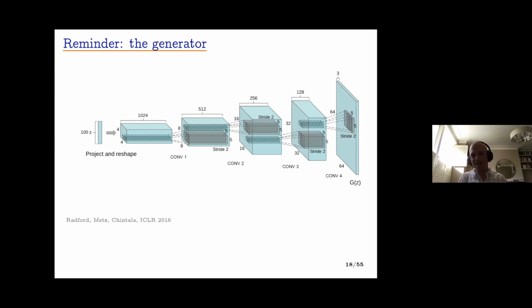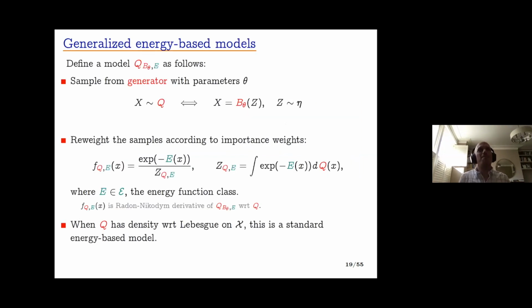So loosely speaking, not being mathematically precise, one could say that you're covering a submanifold in this higher dimensional space based on the samples drawn from a much lower dimensional space. That's what our generator is doing.